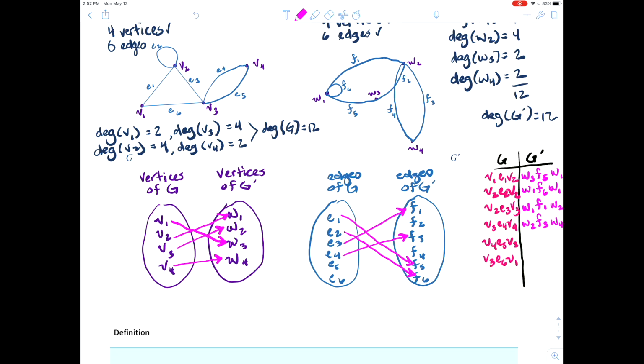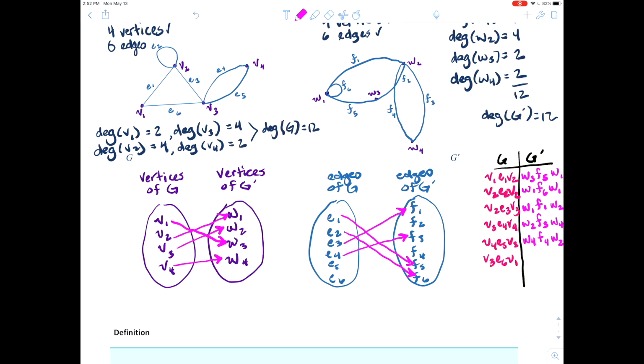Now looking at V4, E5, V3 in the graph of G, we're going from the vertex that has degree 2 to the one that has degree 4. So if we did W4 to W2, that would keep that correspondence. The edge that's in between them is F4, and then it went to W2.